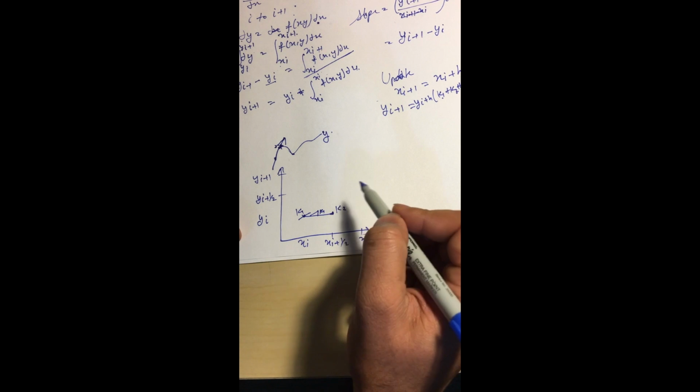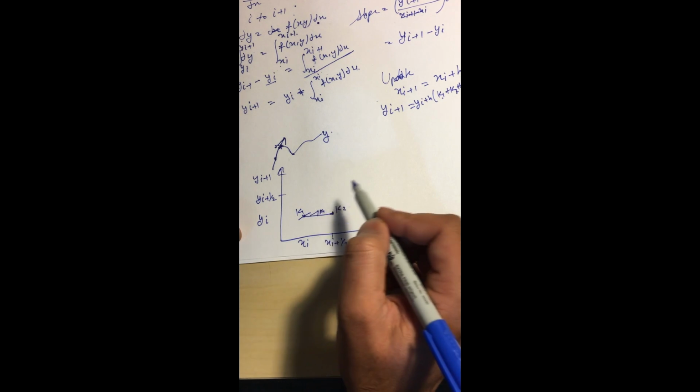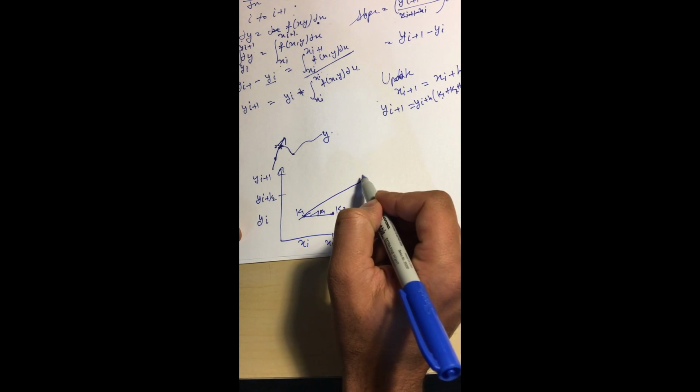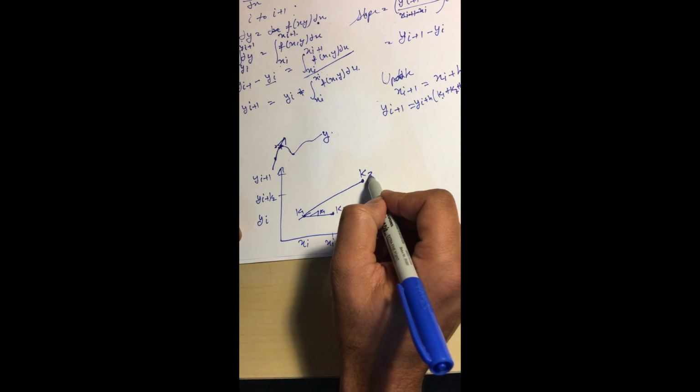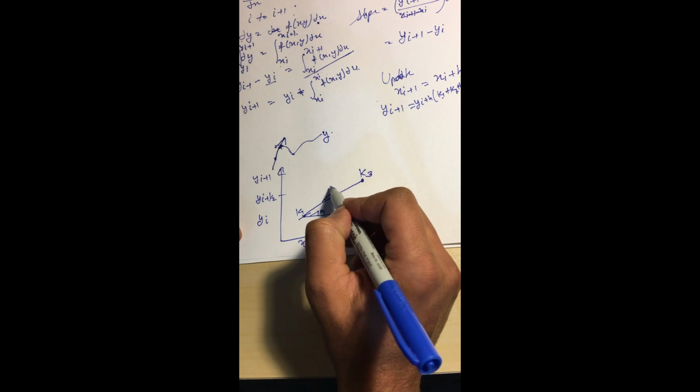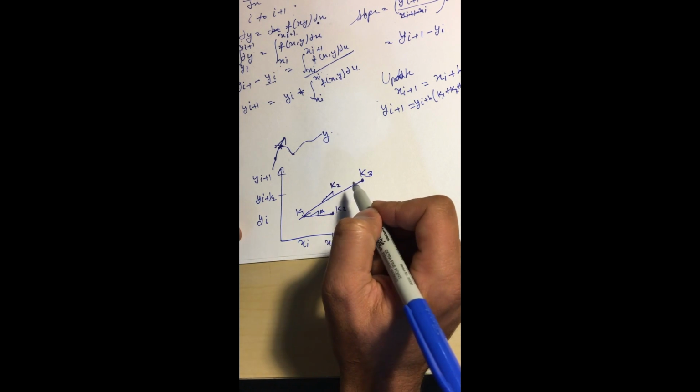Our k3 will be at x_{i+1}, so it will be like this. This is our k3, and the slope will be k2.